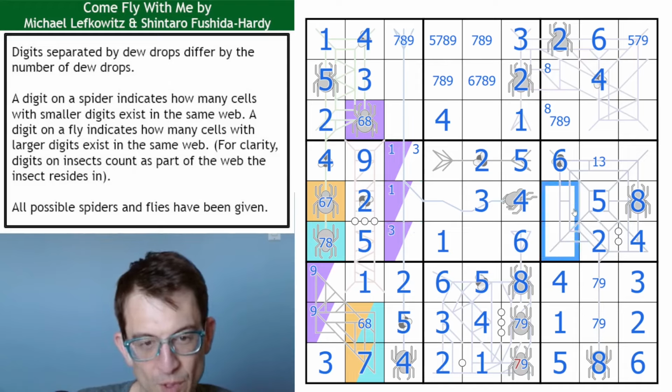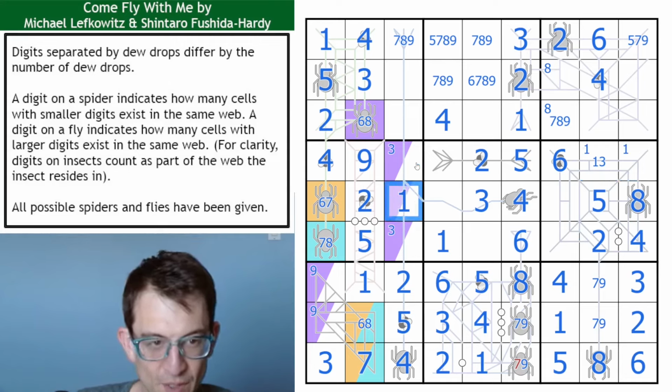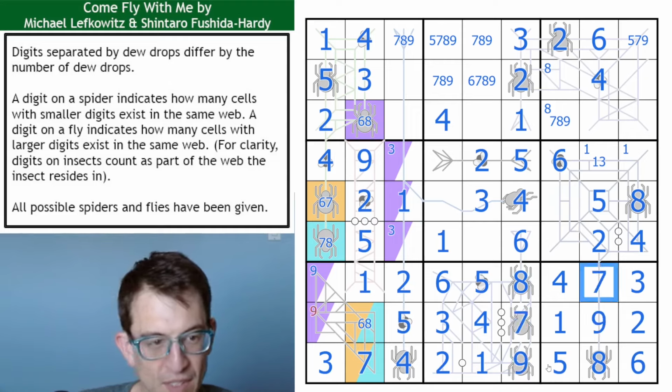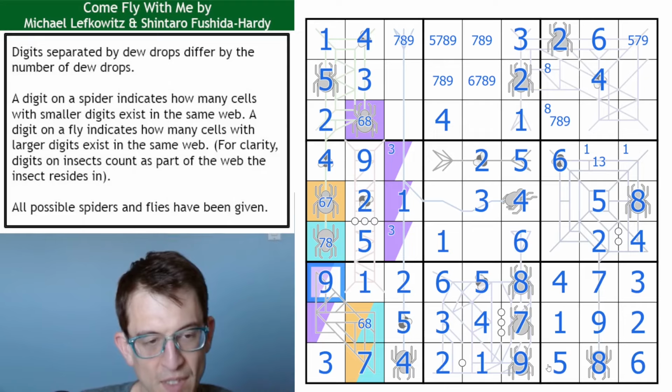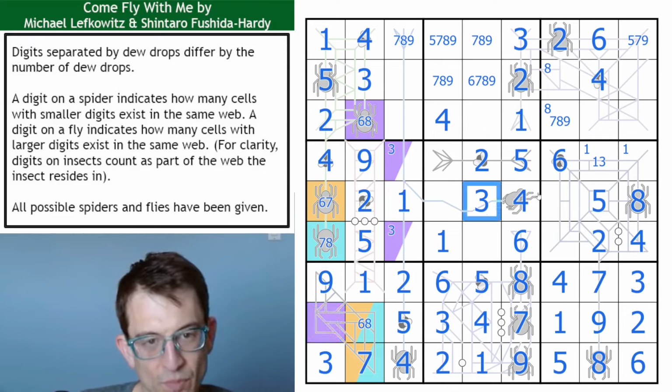And 1, 3, 7, 9. 1 is up here somewhere, so not here. That's not a 1. That is a 1. These are from 3, 7, 9. Six could be either of those still.